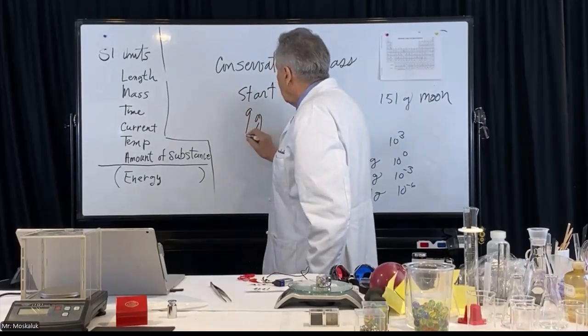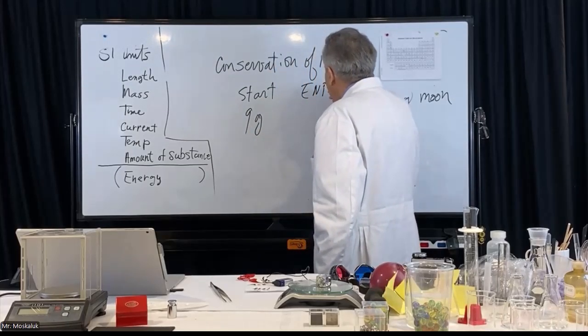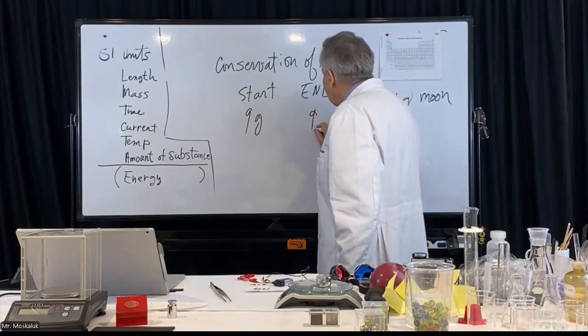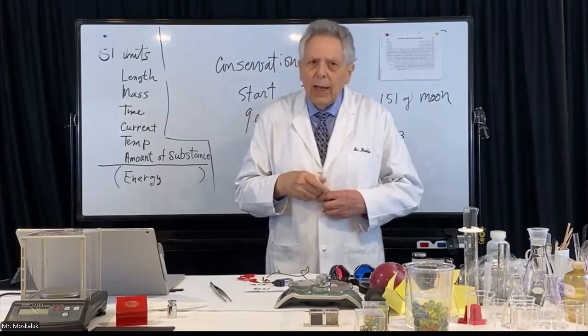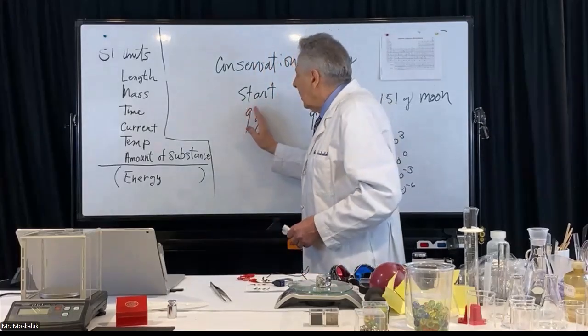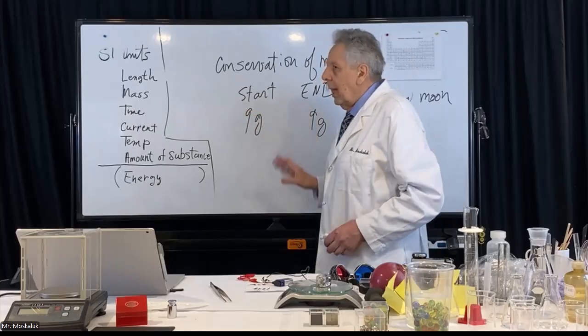When we start with a reaction, we had 9 grams. When we were done with the reaction, end of a reaction, I had 9 grams. If you keep track of all the substances in any chemical reaction, the mass doesn't change. The mass at the start is the same as the mass at the end.